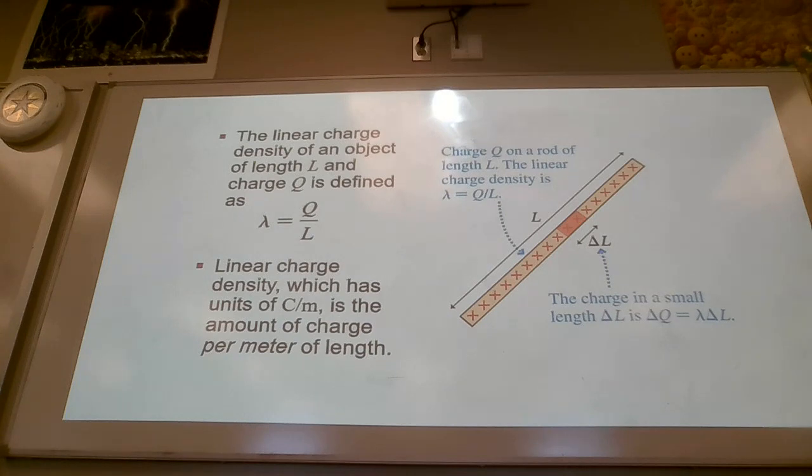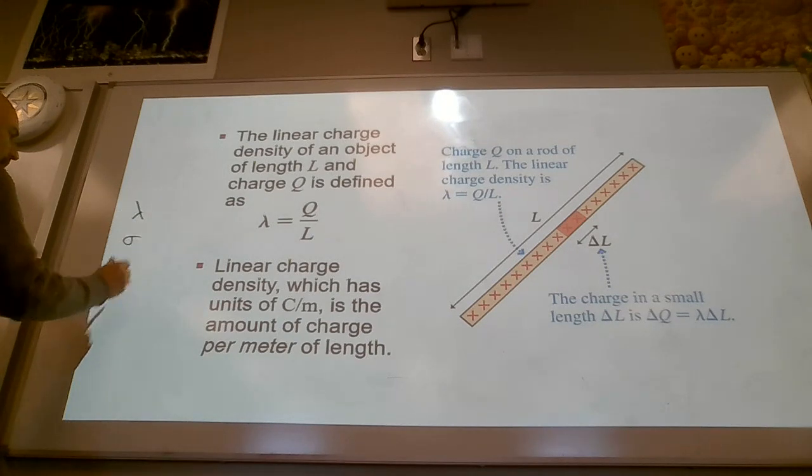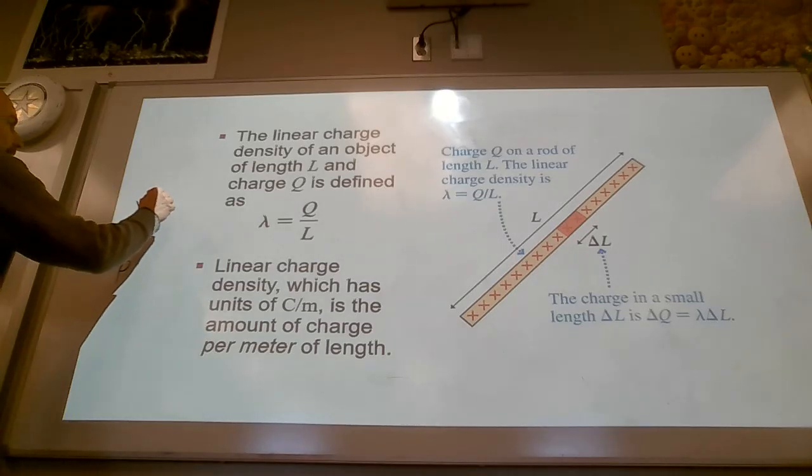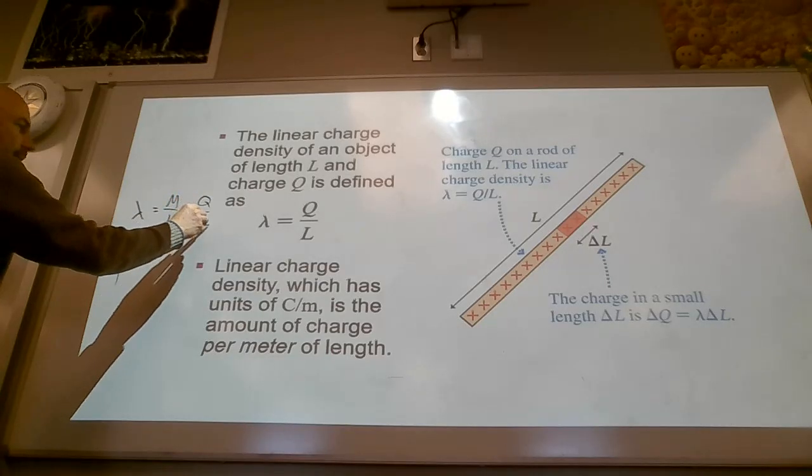We're going to still use lambda, sigma, and rho as linear, surface, and volumetric charge density. Instead of saying mass over length, we're going to say charge over length.